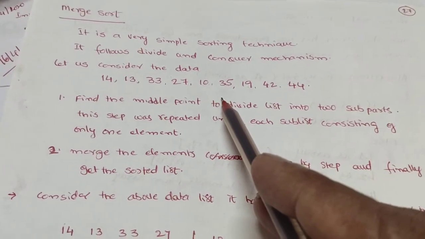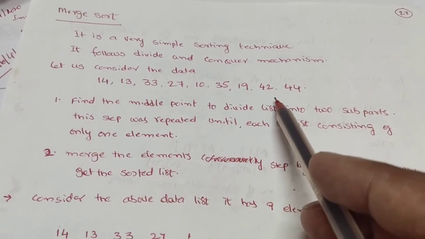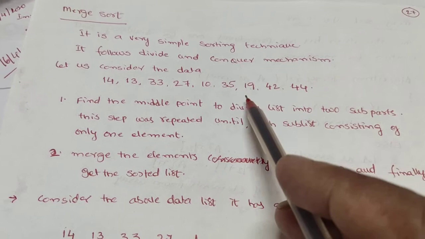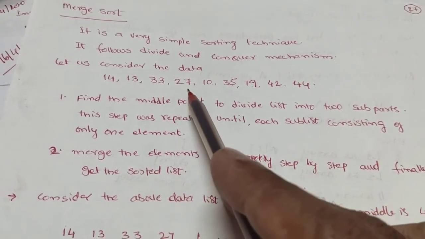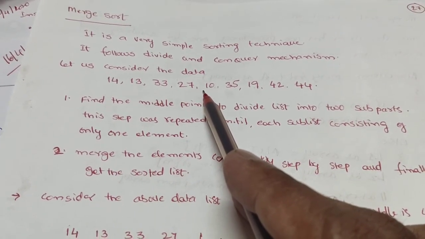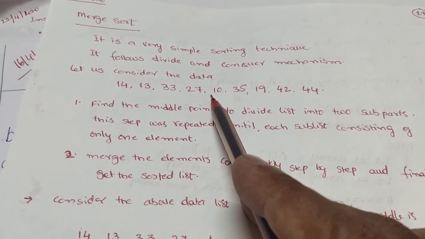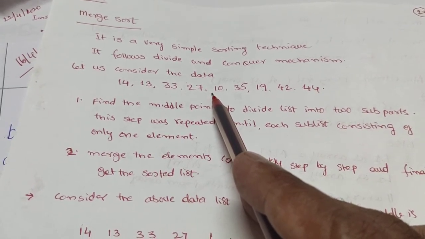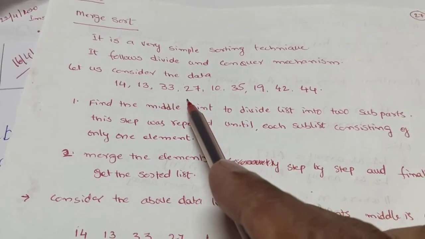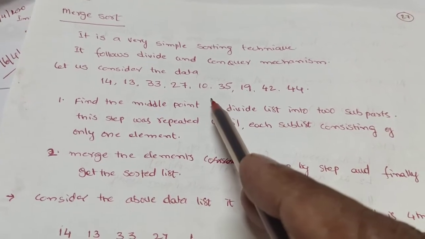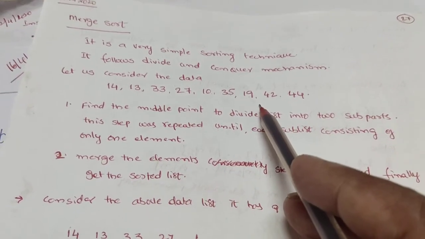So the middle point of the list: there are 9 data elements, so 4.5 is not possible. So we consider the lower limit. That means the 4 data elements 14, 13, 33 and 27 are in one list, and the remaining 5 elements are in another list.